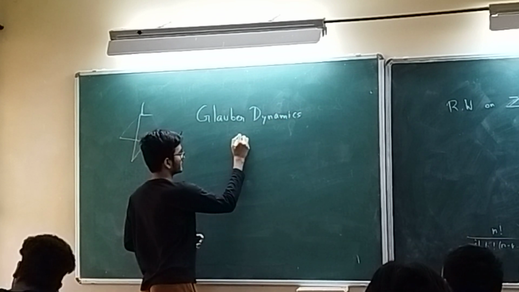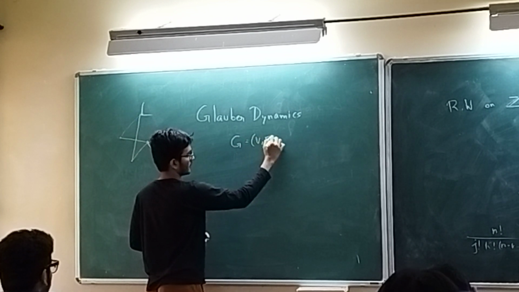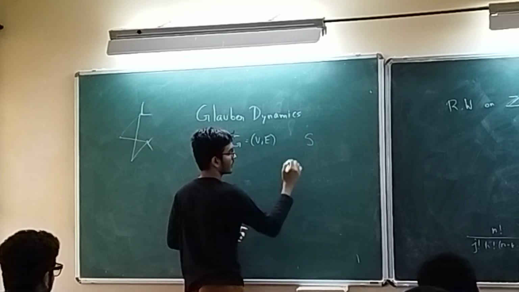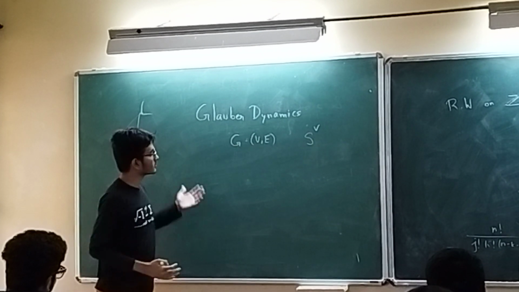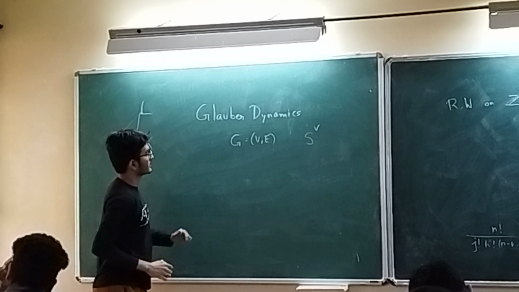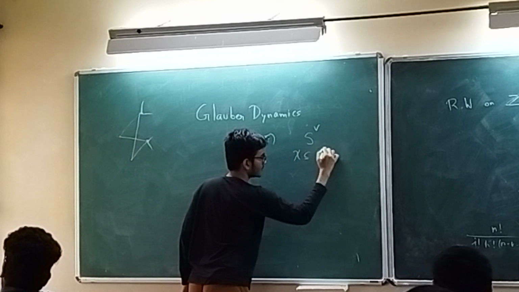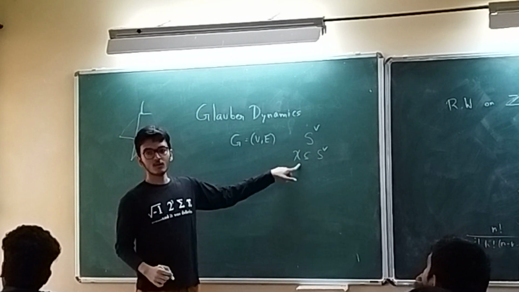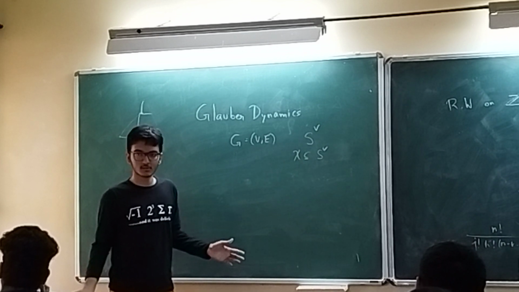So you have a graph, let's say V, and you have a set S, and you are looking at the functions from V to S. You can just think of it as a vector also, because all the sets are finite. Now you take a subset X of this, and you want to sample from X. It may be uniform, it may not be uniform, it can be any distribution.